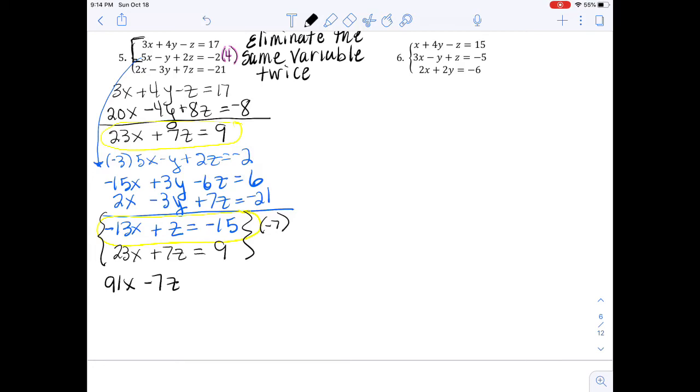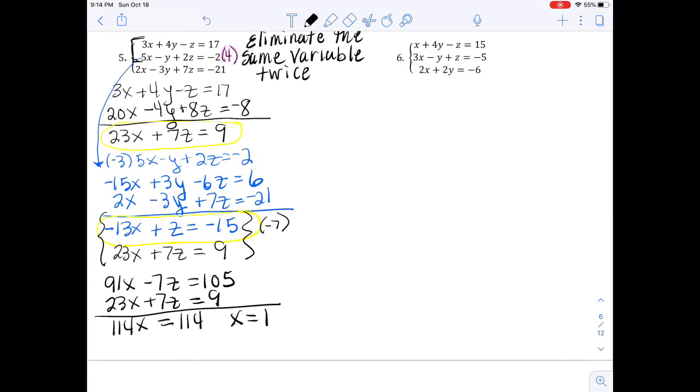Negative 15 times negative 7 is 105. 23x plus 7z equals 9. So here we go. 91 plus 23 is 114x. The z's drop out, equals 114. And so x equals 1.